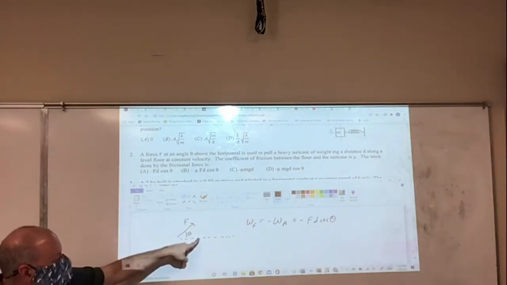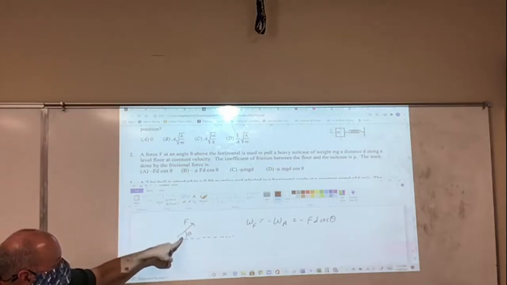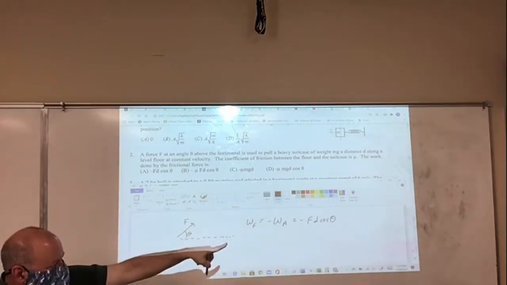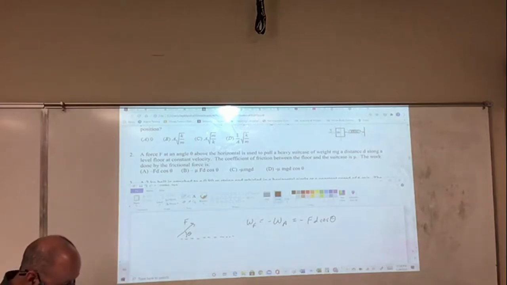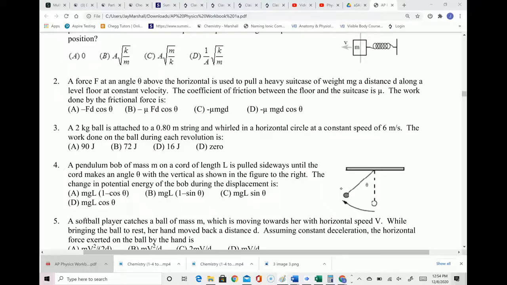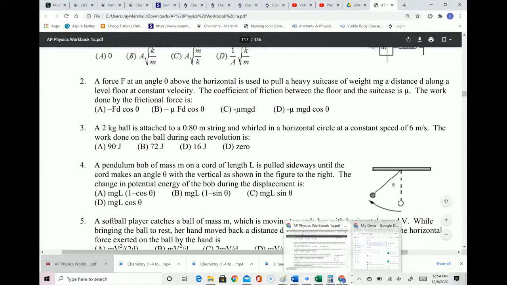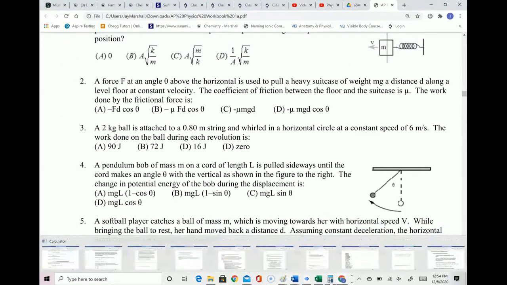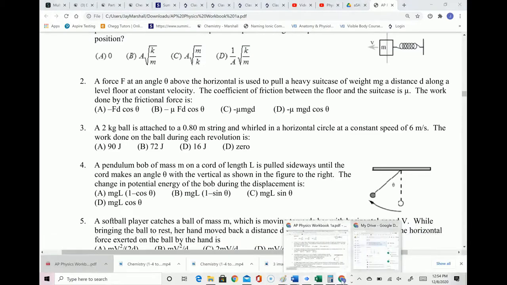So don't take the cosine of that to find the force in the x direction and then do that a second time, okay? So we don't want to do that. But we could then say that that equals negative F d times the cosine of theta. Wow, that just solved it, right? Why did I think that was such a difficult problem? So we didn't even need the coefficient of friction.